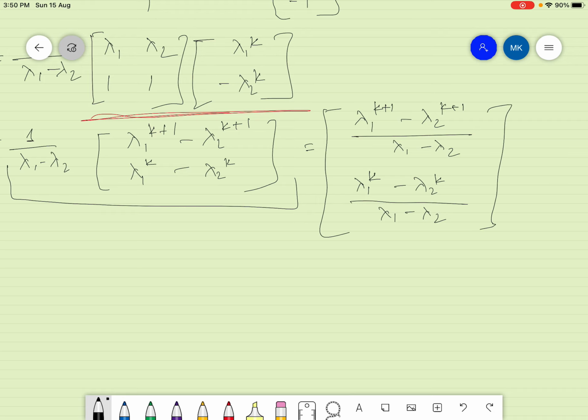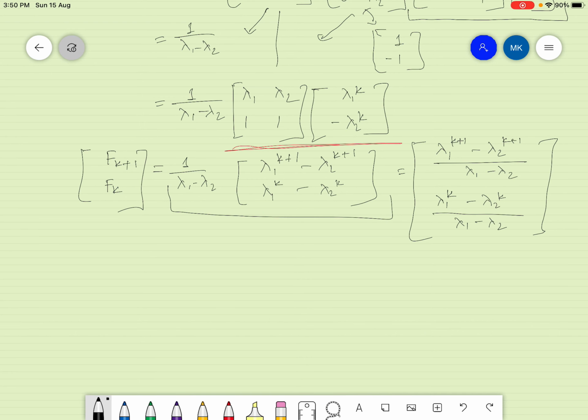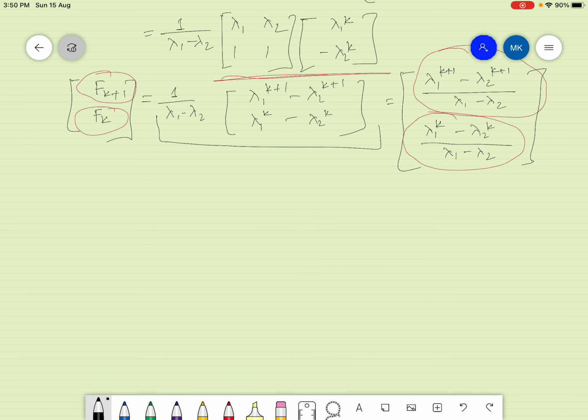So this is f of k plus 1, and f of k would be this, right? So we have our f of k would be lambda 1 to the power k minus lambda 2 to the power k divided by lambda 1 minus lambda 2.